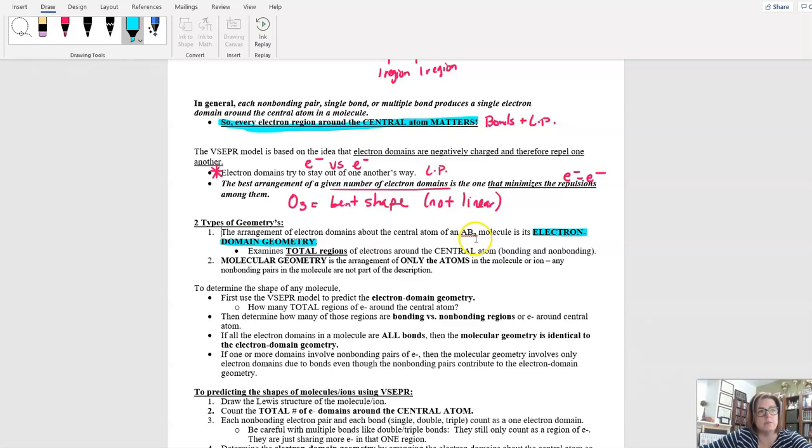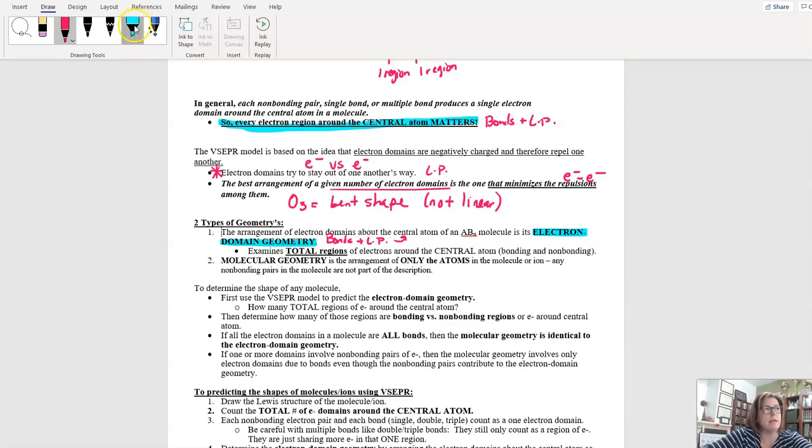Hopefully you can see that little subscript. No matter how many atoms are attached to it, the electron domain is counting bonds and lone pairs on that central atom. It's counting everything around the central atom: examine total regions of electrons around the central atom, bonding and non-bonding.